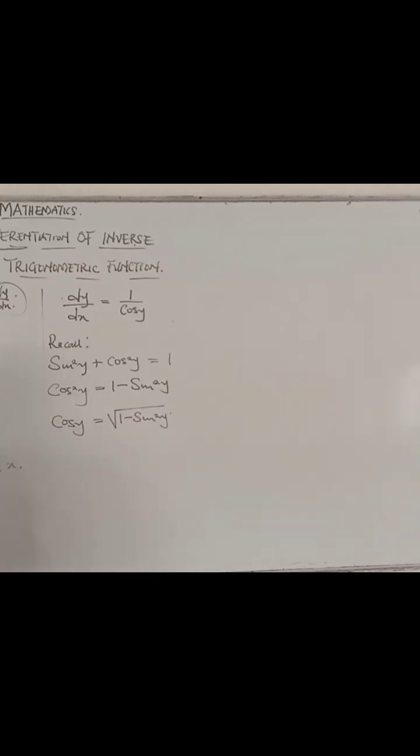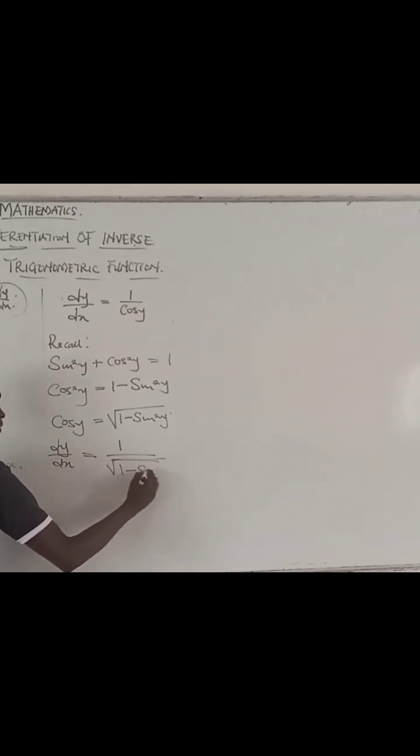Whenever you see cos y, what are you going to put there? 1 over the square root of 1 minus sine square y. Going back to our question, dy/dx is equal to 1 over the square root of 1 minus sine square y.